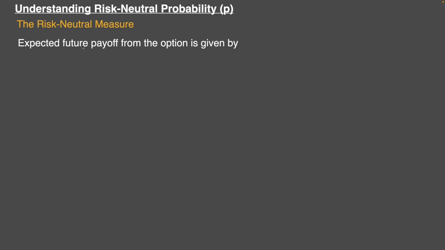So expected future payoff from an option is given by the formula: the probability of the option price moving up, that is P into FU, plus the probability of the future price moving down by an amount FD. When we add both of them, that will be the expected future payoff from the option.